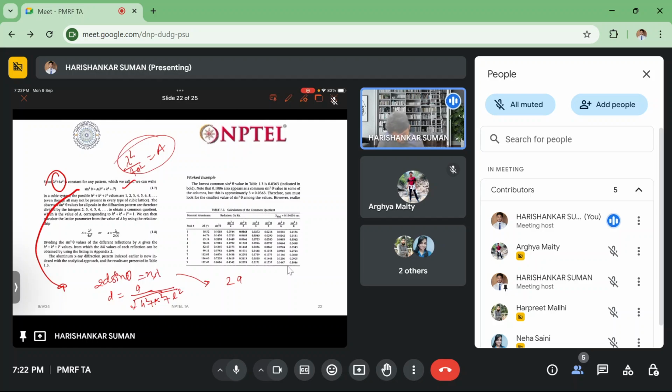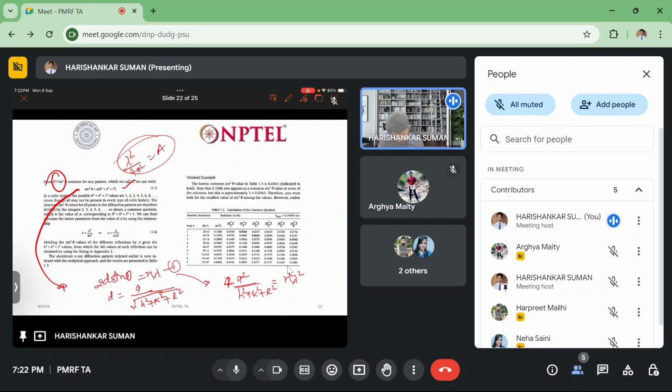Let's square: 4 a square sin square theta equals h square plus k square plus l square times n square lambda square.